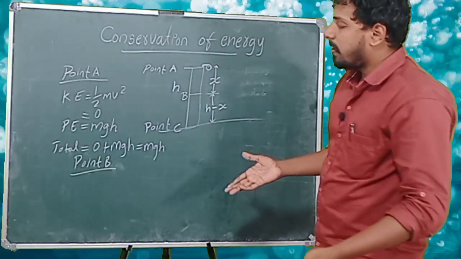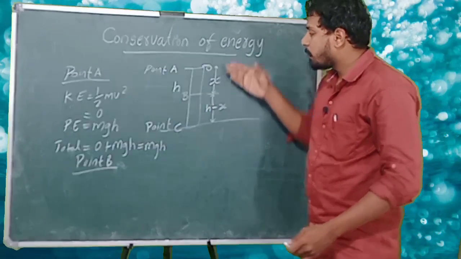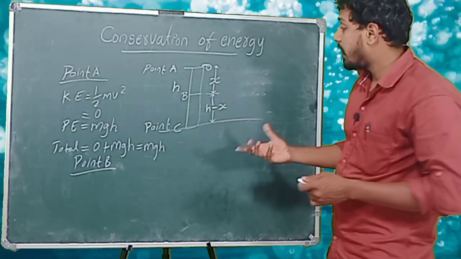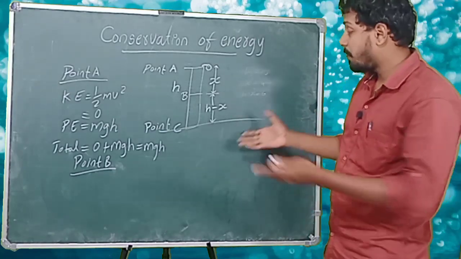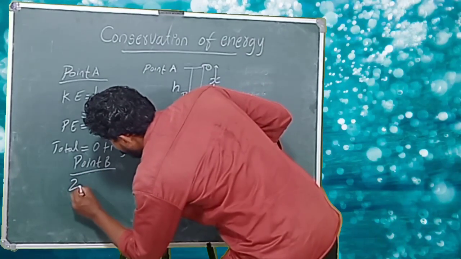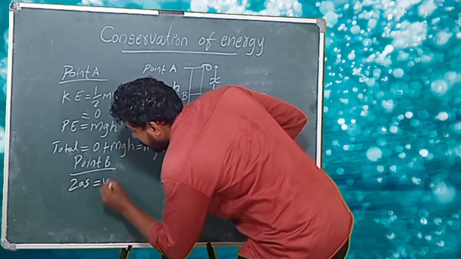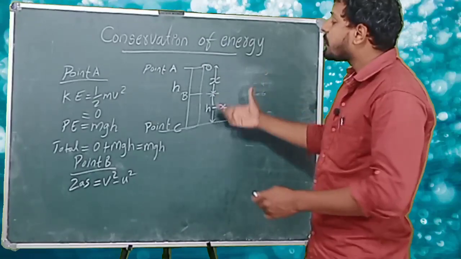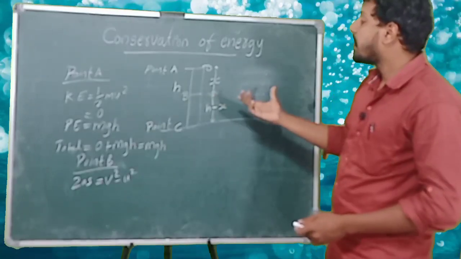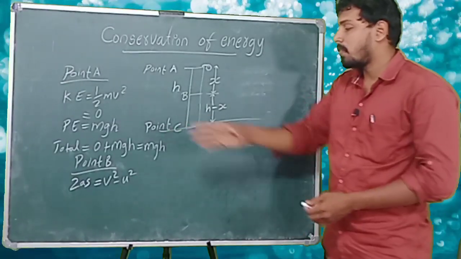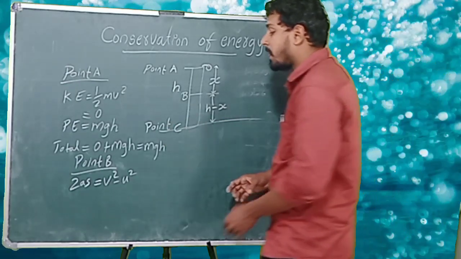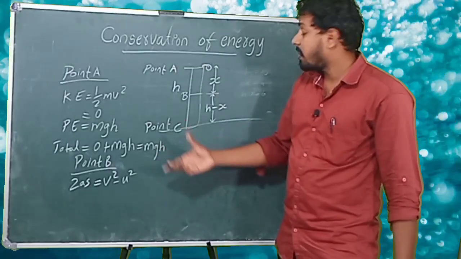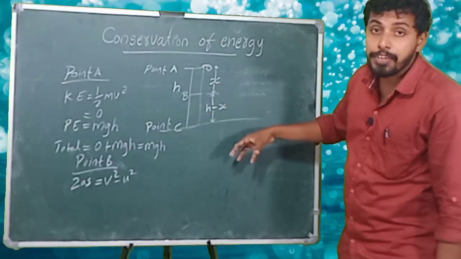Here it is moving from here to here. We know the equations of motion. In that, I will give one equation of motion: 2as is equal to v square minus u square. Here we are using only the final velocity. Initial velocity is 0. And what is the acceleration here in free fall?